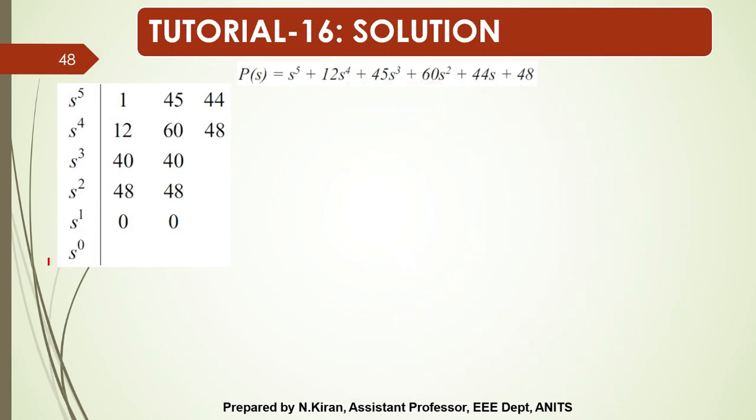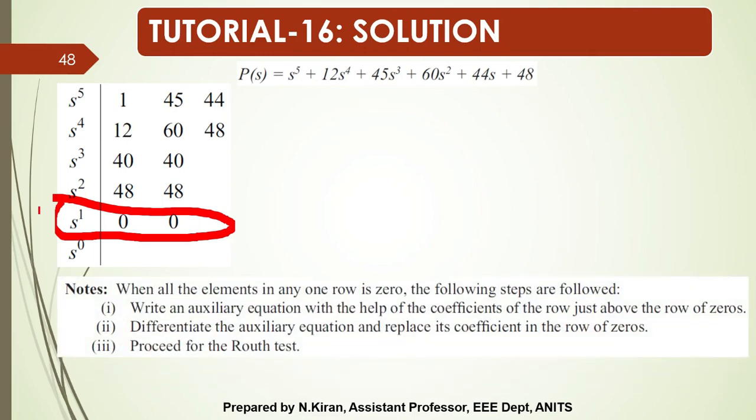The interesting thing that one can observe here is the elements corresponding to the row S power 1 are all zeros. Okay, an entire row of zeros are present. In such a situation, one must remember that one has to write an auxiliary equation with the help of coefficients that are above the row of zeros.